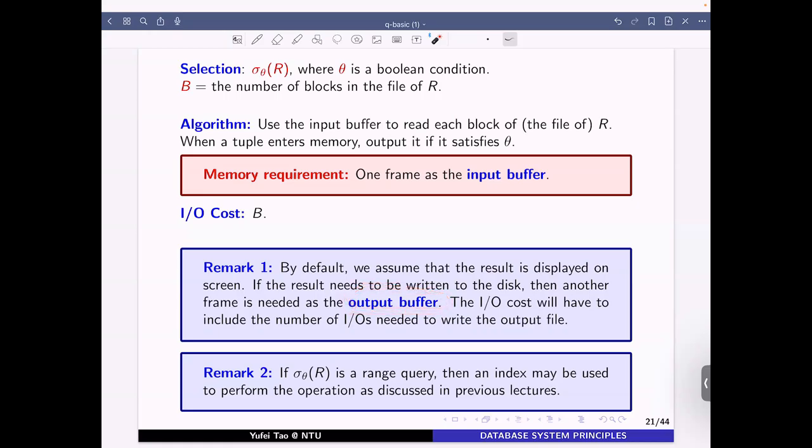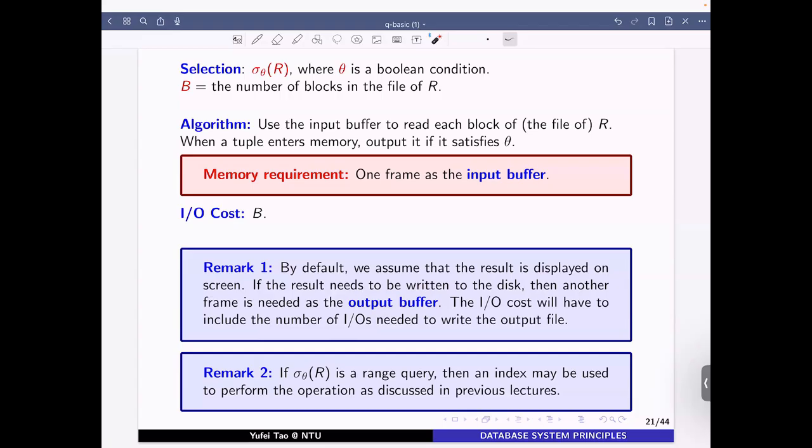Every time the output buffer is full, you can flush the output buffer to the disk. So basically just one scan to read the file, and then one pass to output all the tuples into the output file. So the I/O cost will also have to include how many I/Os you will need to write the output file.